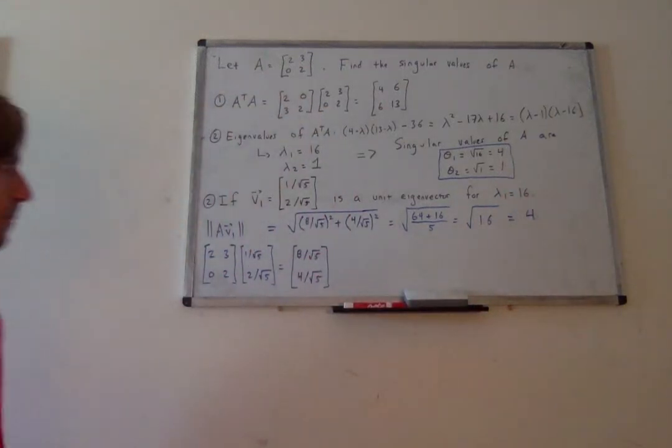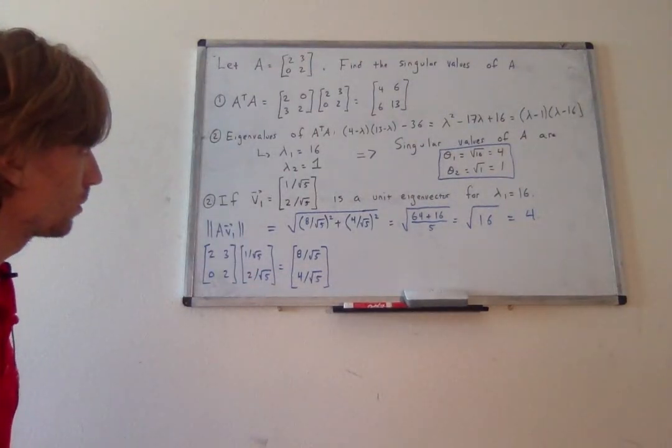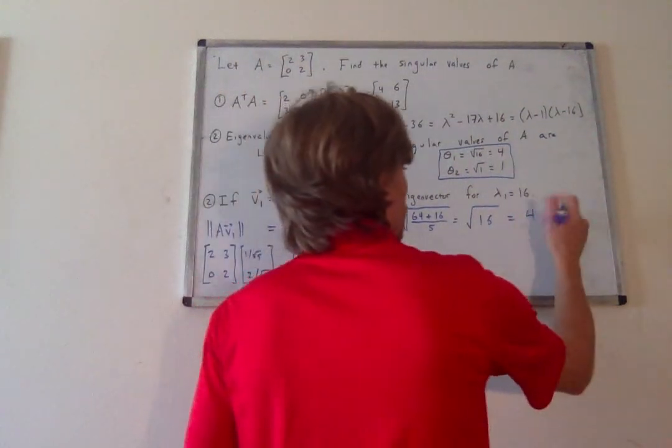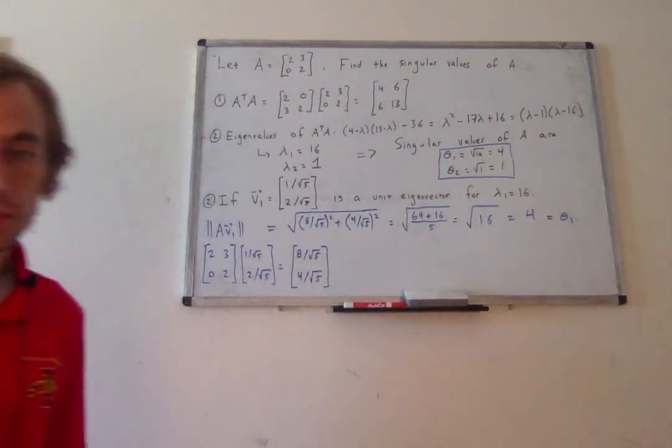And sure enough, the length of A times this unit eigenvector V1 is equal to 4. So sure enough, sigma 1 actually does measure the length of this unit eigenvector.